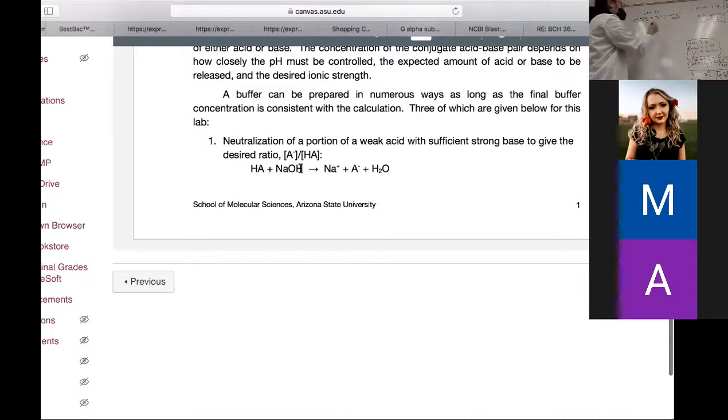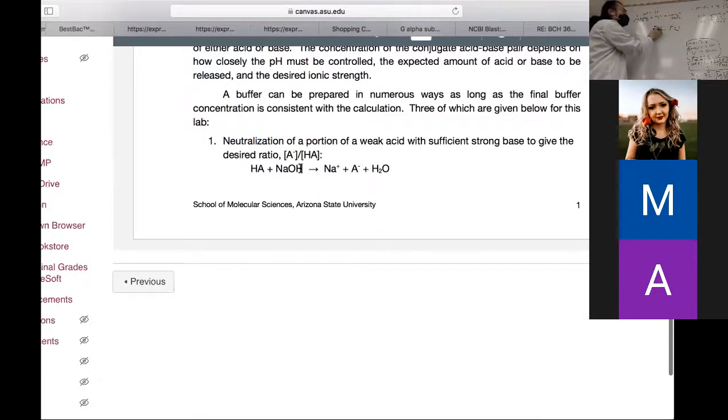Okay, so think about it. For example, if the final concentration of weak base we produce is 5 units, that means you have to consume 5 units of the strong base.